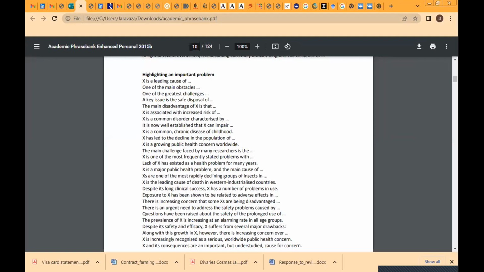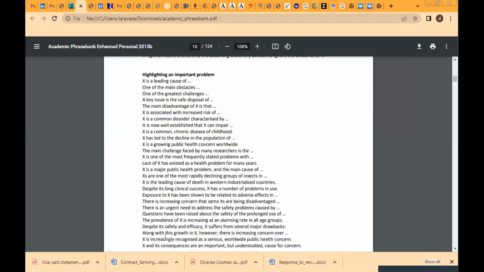Remember, this is just a phrase bank. I just wanted at least to hear your ability to state the focus of your study in the first paragraph. But let's just see what you did. Yes, there's a hand there from Nyamandi who wants to contribute.